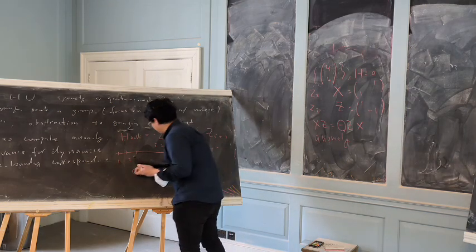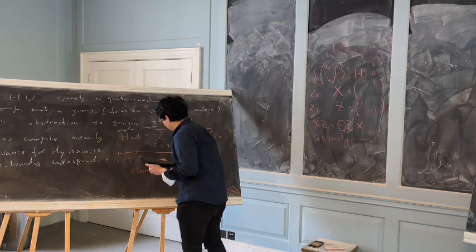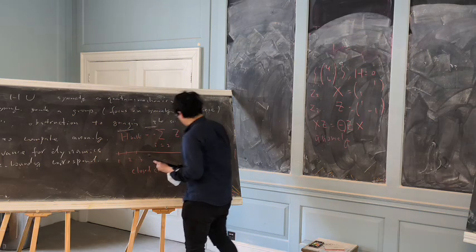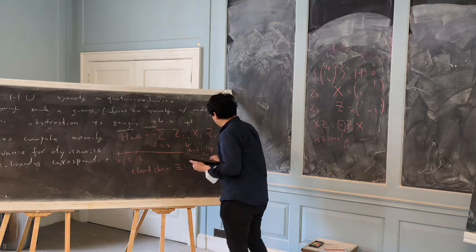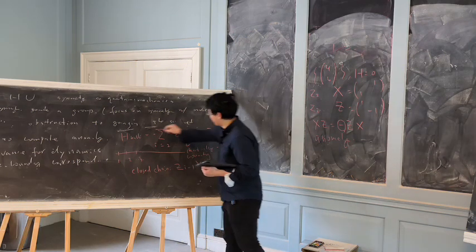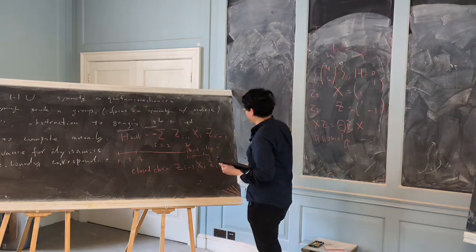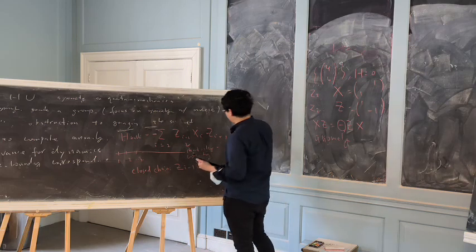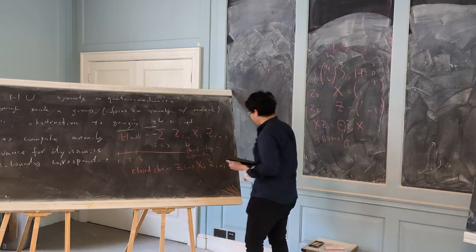If you have a closed chain, then the ground state will have each term equal to 1. Because I have a minus sign here, if you want to minimize the Hamiltonian to get a ground state, each term has to be 1.